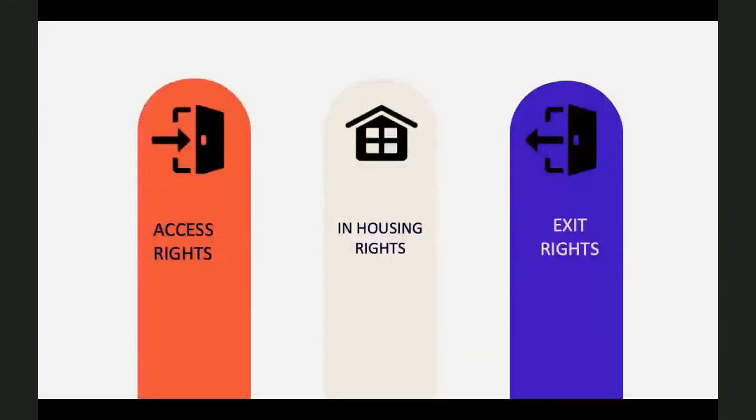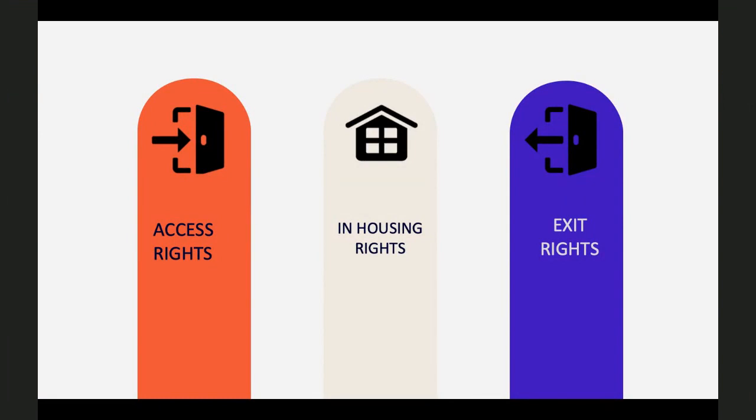And in this hybrid series, we focus on a typology of the right to housing. Within the EVICT project, we really believe that there are 3 types of right to housing. We have access rights. So what kind of rights do people have when looking for housing, when accessing a house or trying to access a house? What rights do you have if you're already living in a house? So quality of living, for example, and living standards.